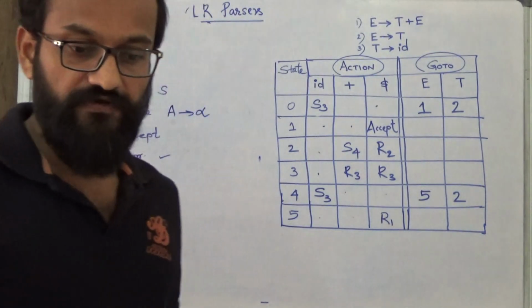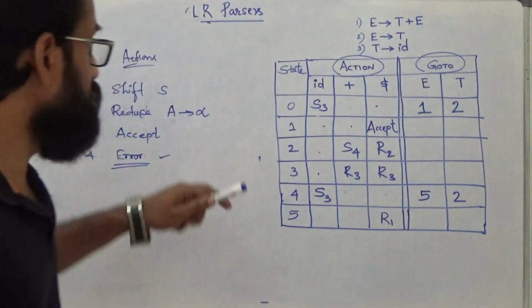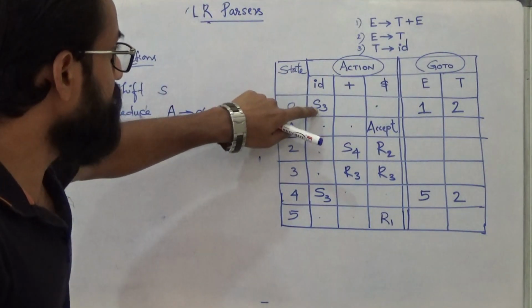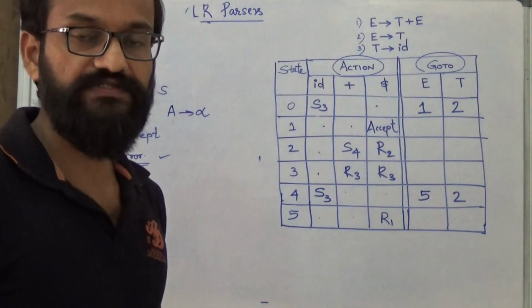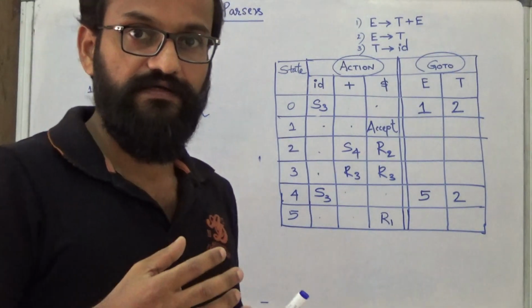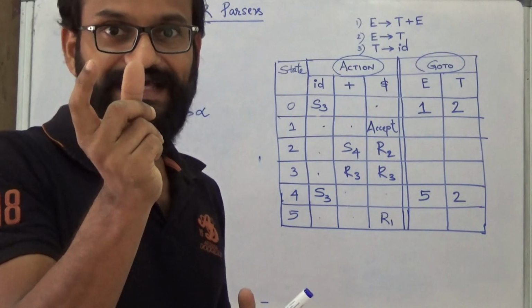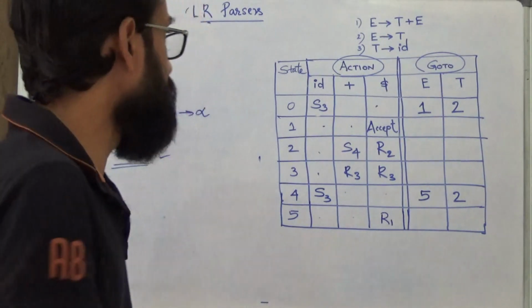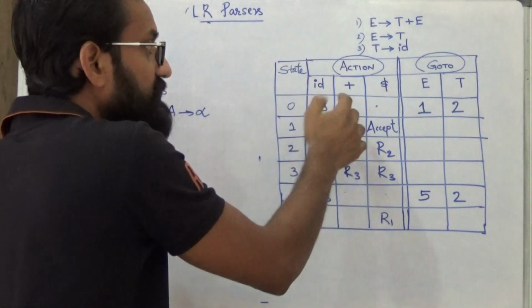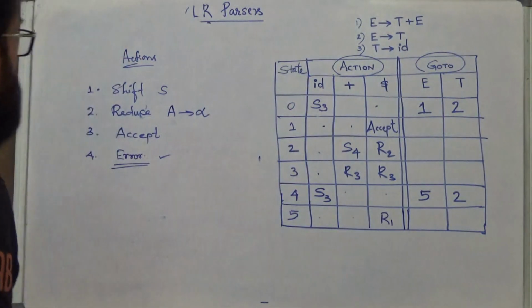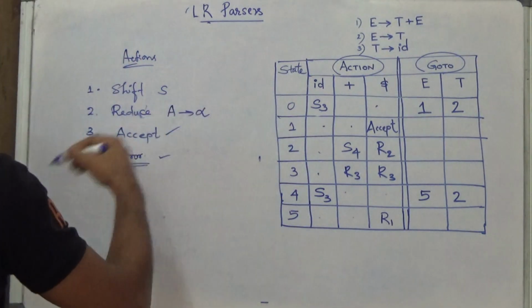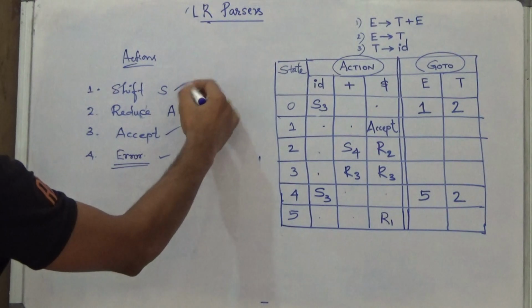If the driver routine refers to the location 0, id, which contains S3, the parser will shift the current scanned input into the stack, followed by shifting the state label 3 into the stack.